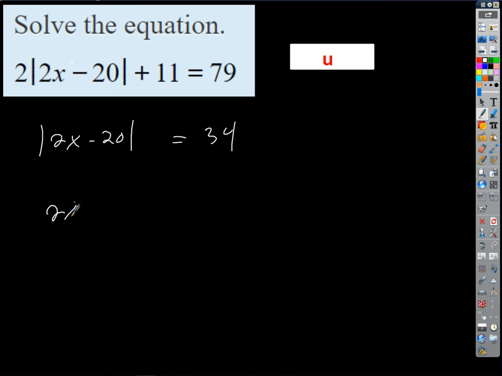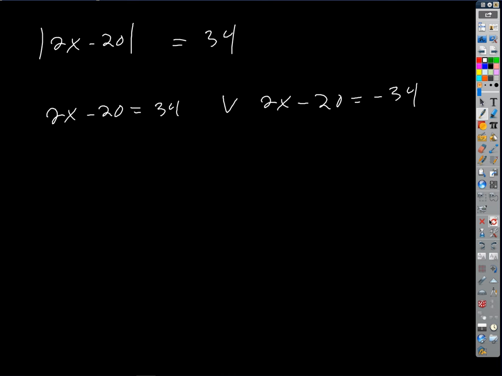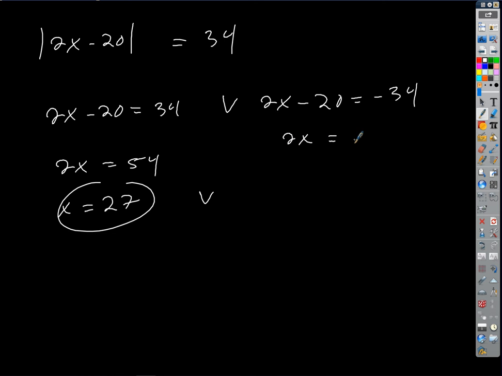2x minus 20 equals 34 or negative 34. Easy, right? And then what are the two steps in order in both cases? Add 20 and divide by 2. So what do we get? 27 or, what?